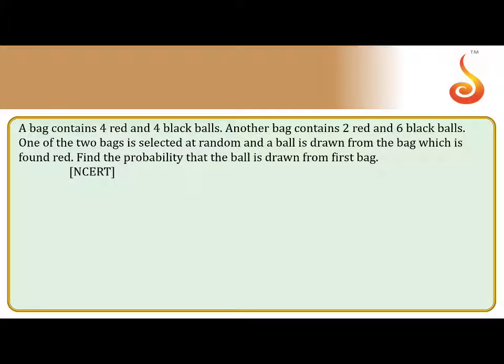The first step: let E1 be the event of selecting bag 1, and E2 the event of selecting bag 2.